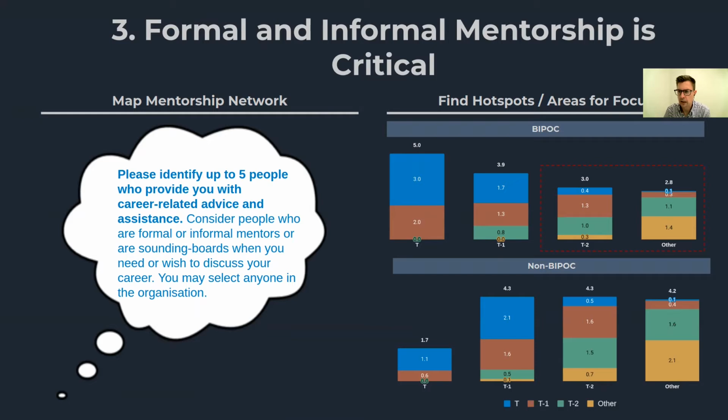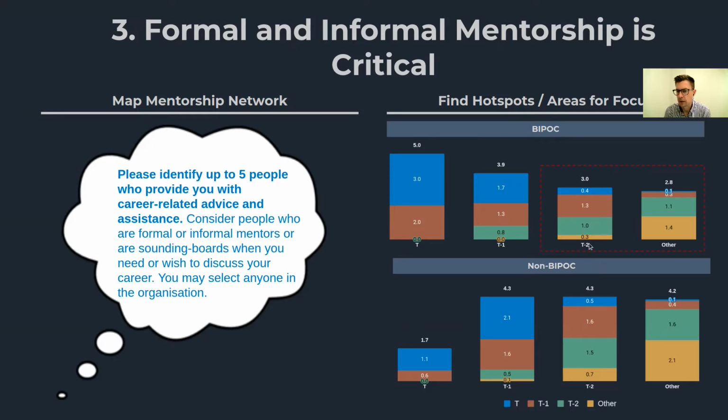On the right-hand side, you'll see that we've cut this data by BIPOC versus the non-BIPOC population. So Black, Indigenous, and people of color. You'll see in particular that the T-2 and the other groups that are the more junior levels in this organization have a lower number of total formal or informal mentor nominations in the BIPOC population than the non-BIPOC population.